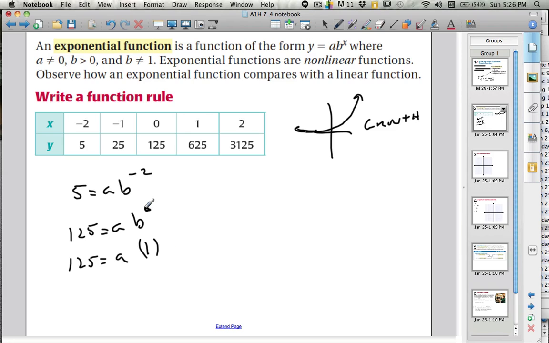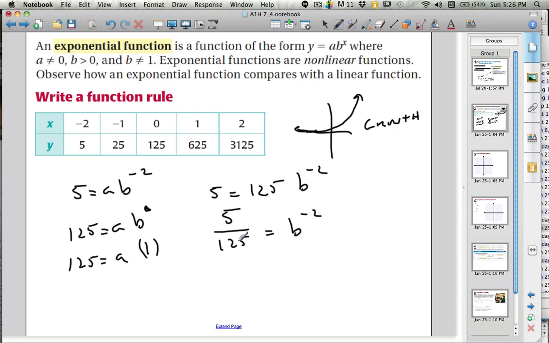then we can start figuring out what's b equal to, right? So if I go ahead and take the value of a and plug it back in here, 5 is equal to 125 times b to the -2 power. And if I go ahead and divide by 125, 5 over 125 is equal to b to the -2 power.